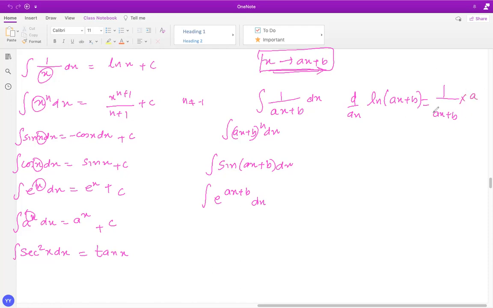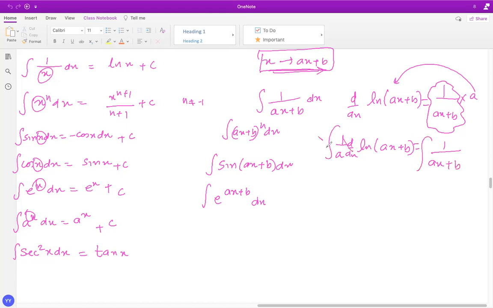Now if I wanted to get only this part, the integration of only this part here, I can just divide by a on this side, which is 1 over a. The derivative of ln of ax plus b over a equals 1 over ax plus b. Now if I integrate both sides, the derivative and the integration cancel, and we get the answer: ln of ax plus b over a plus c.